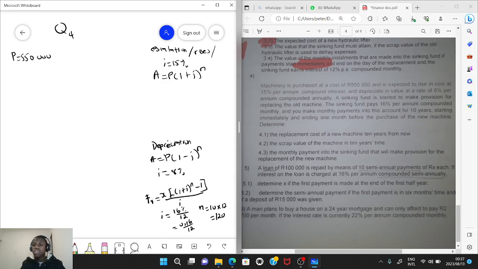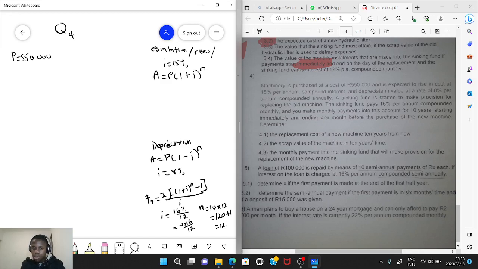Because we are starting immediately, we know it's an annuity due, and on our n we add 1, so we get 121. So now let's continue.